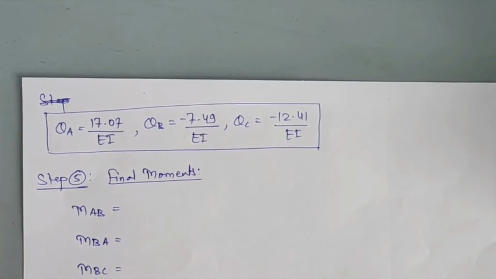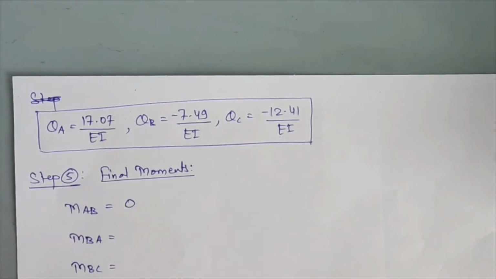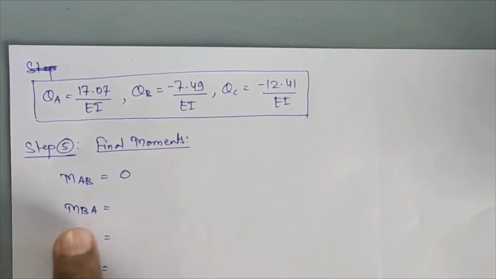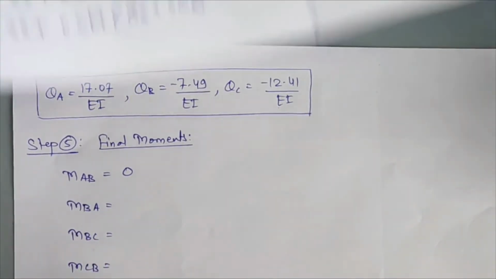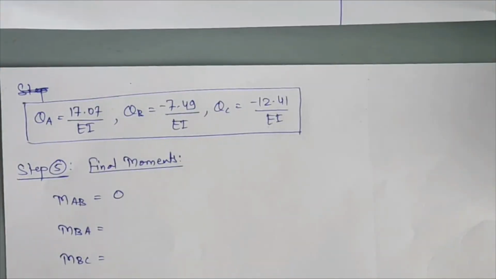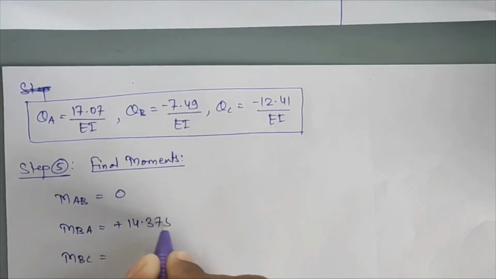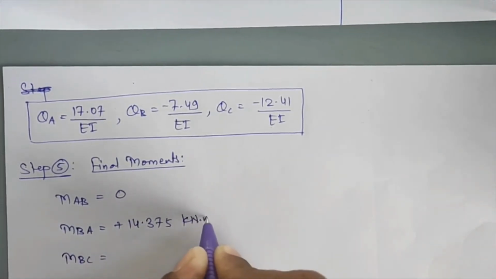One by one, if you calculate these values, the first value, MAB, comes equal to 0. The next value, MBA, if you put these three values in equation number 2, you will get MBA as plus 14.375 kilonewton meter.